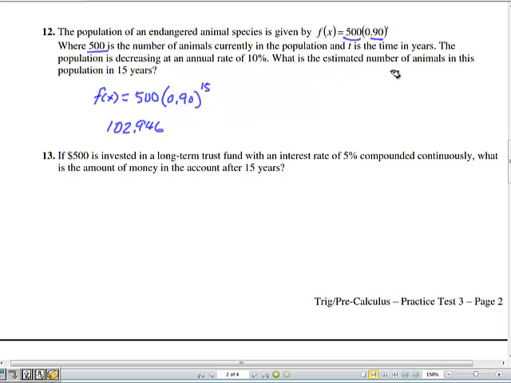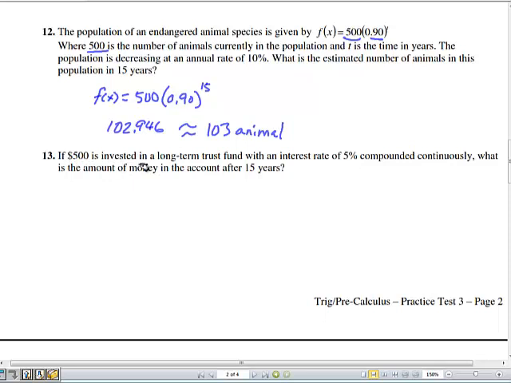So what is the estimated number of animals after 15 years? It looks like about 103 animals left after 15 years, starting with 500. So make sure the numbers make sense. Each year is going down by 10%. So after 15 years, there are only 103 animals left. So that makes sense. All right.